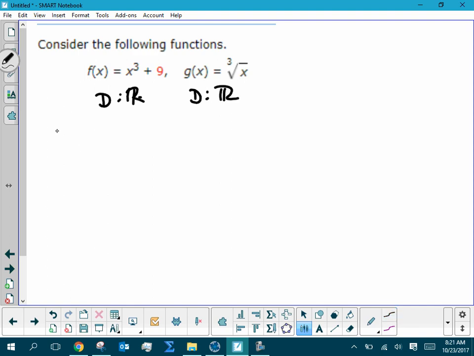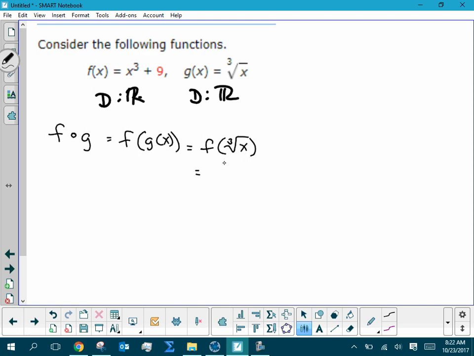But when it asks for f composed of g, remember that means f of g of x. Okay, so I'm going to rewrite that then as f of g of x is now the cube root of x. Now I'm going to plug that function into f where I see x.